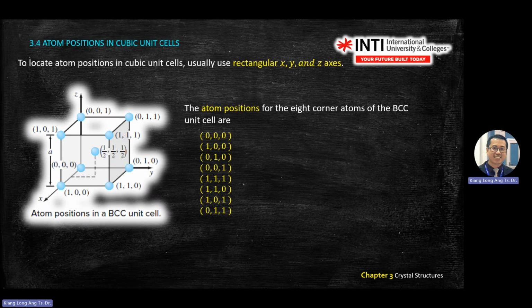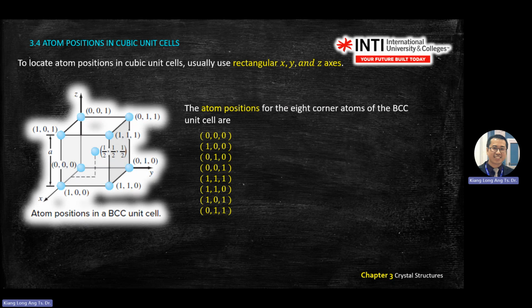The question can just give you a position and ask what the volume is, or what is related to this atom. Let's say I give you half, half, half. Tell me the size of the atom that you can fit in, for example. That one will come in the material strengthening chapter. When you mix carbon atoms or small atoms inside nickel atoms, you need to calculate the space you have at this position.